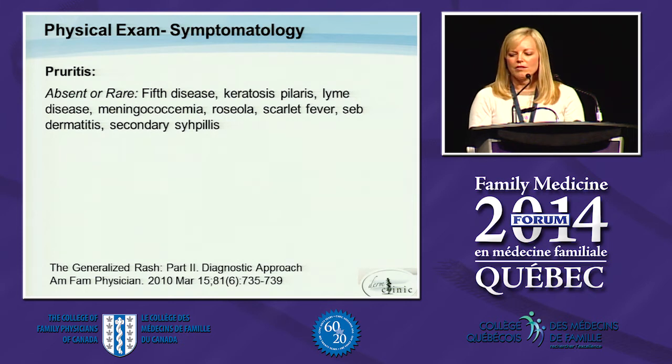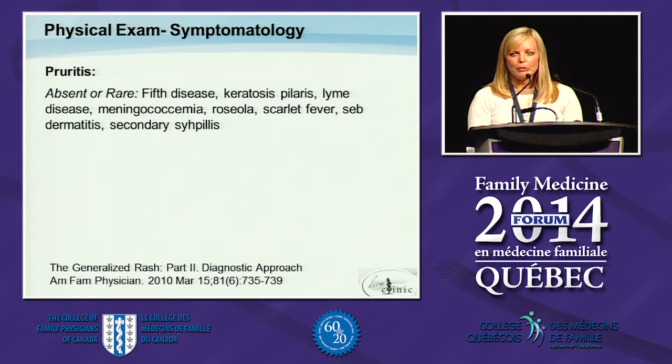And then Fifth disease, the keratosis pilaris on the backs of the arms, Lyme disease, scarlet fever, seborrheic dermatitis, secondary syphilis, they may have a bit of itch or they may not have any itch at all. And that, of course, is going to be quite different, for instance, from a patient with nummular dermatitis. You're not even going to consider that if they're not itchy.